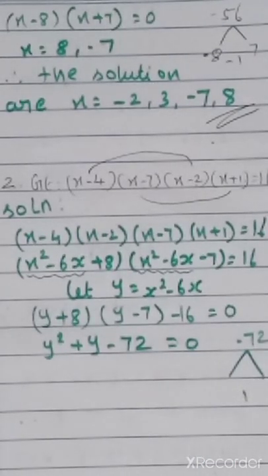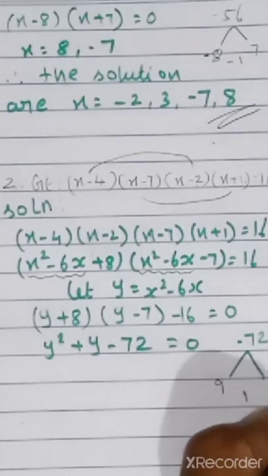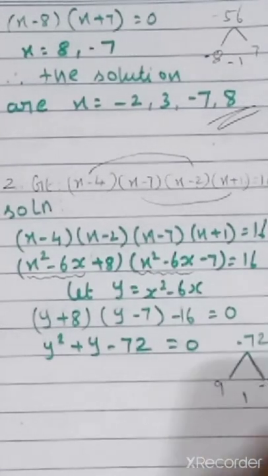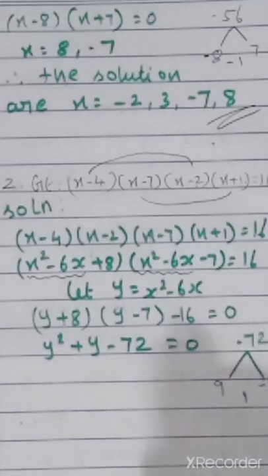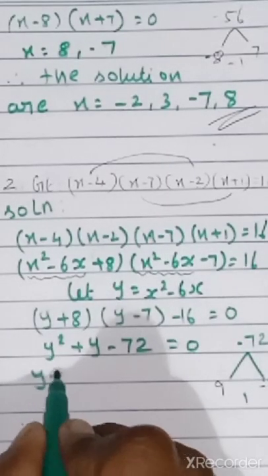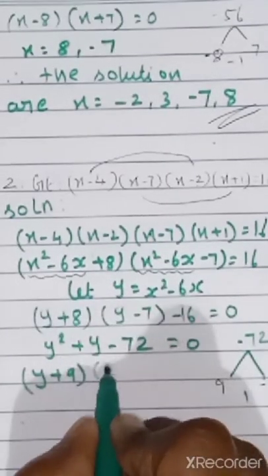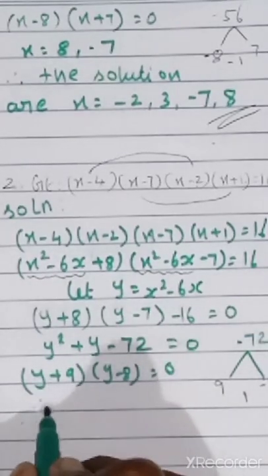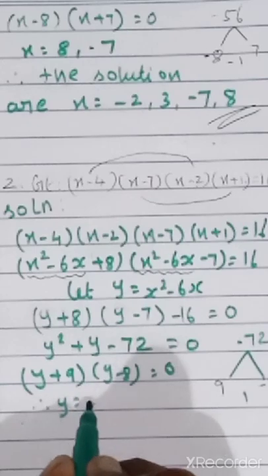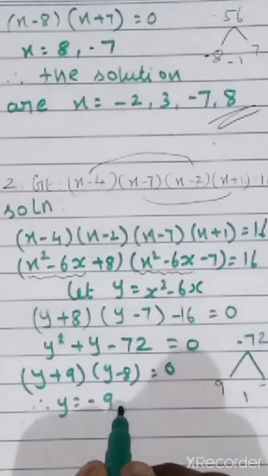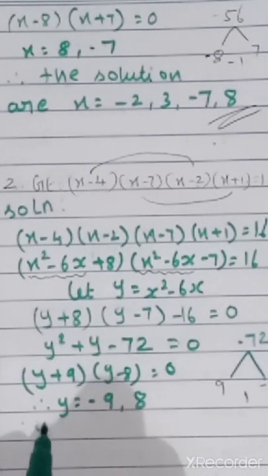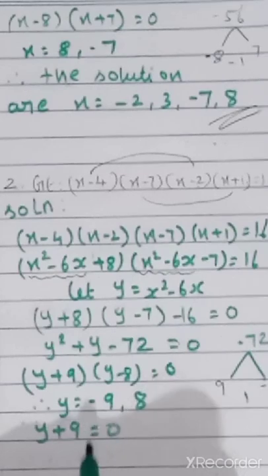What are the two numbers? 9 8s are 72 and since we get plus 1, we have to put minus here. Correct? So y plus 9 and y minus 8 equal to 0. Therefore what is your y value? Minus 9 comma 8. Is that okay?